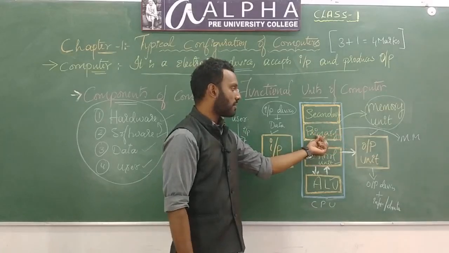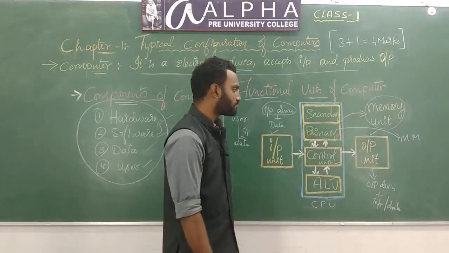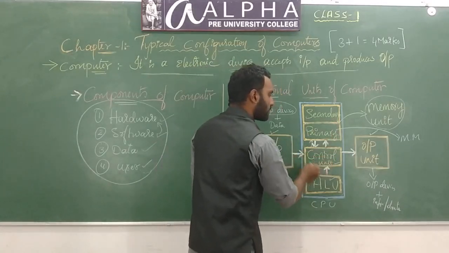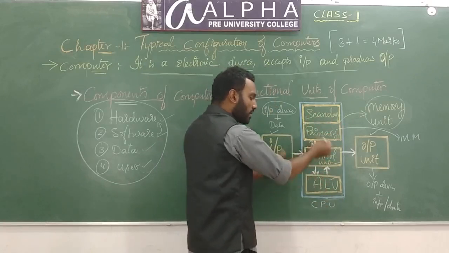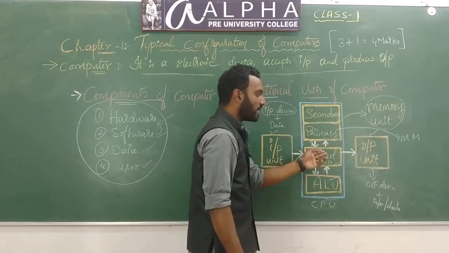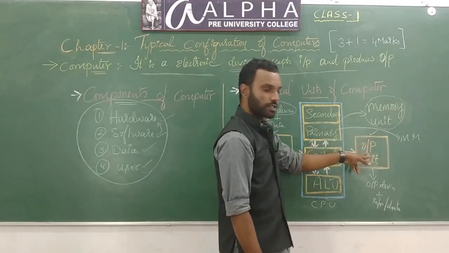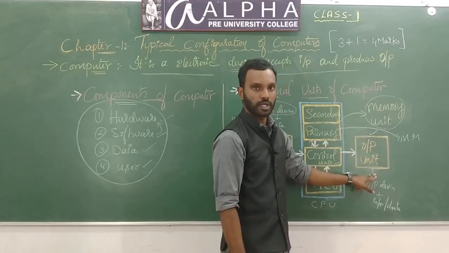RAM, ROM and all belong to primary memory, which is also called main memory. So data flows through all the units inside the CPU, and if a result has to be produced, it is produced using output devices present in the output unit.